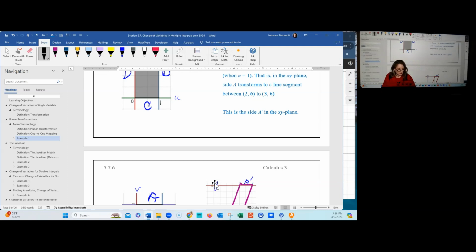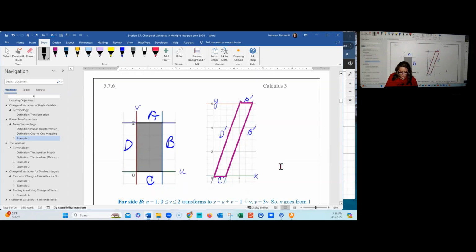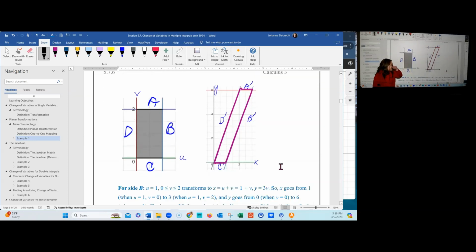Well, let's go ahead and convert side B. When we're looking at side B here, you can see the image in the XY plane on the right. On side B, the U value is a constant. U is always 1, but V varies from 0 to 2. So if U is equal to 1, then in the equation that transforms into x, U plus V, I get 1 plus V. Now, V goes from 0 to 2. If it's 0, the lowest x can be is 1, and if it's 2, the highest x can be is 3.